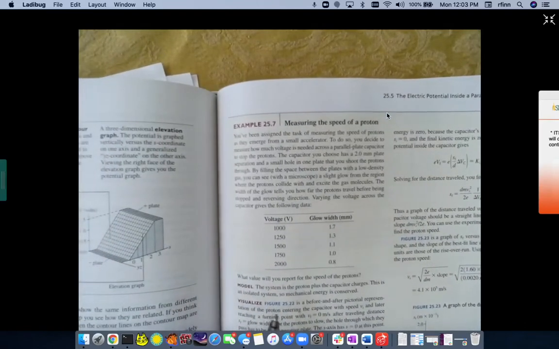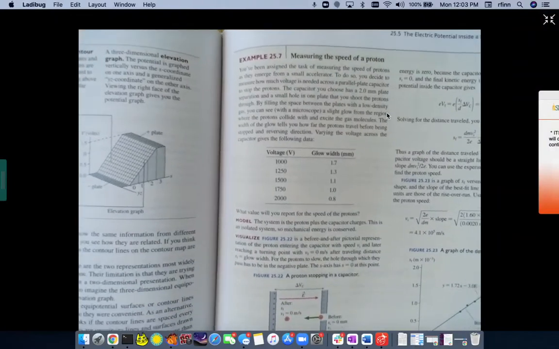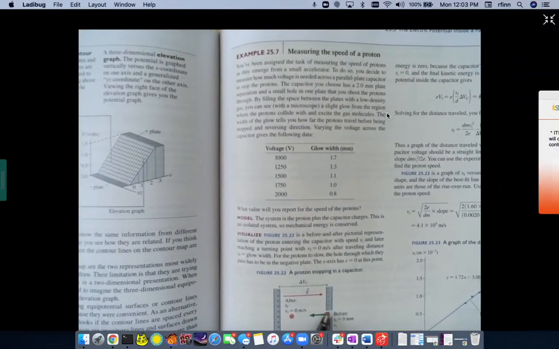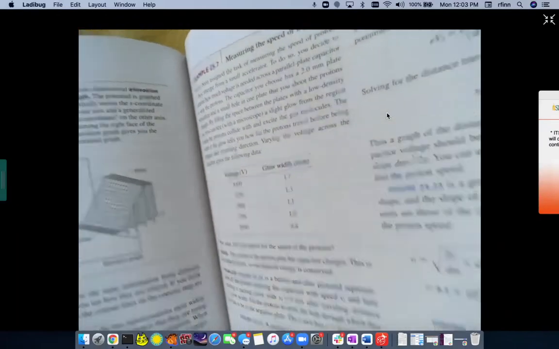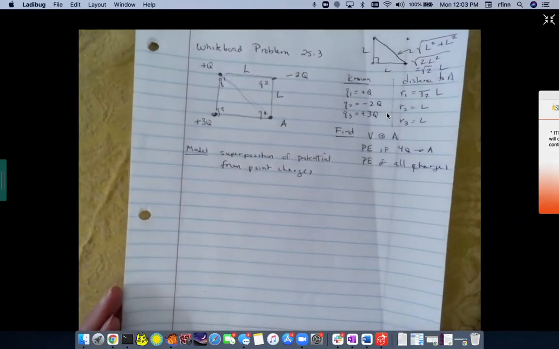Here's another one, almost exactly like the last proton whiteboard problem. Modeling the system as a proton and a capacitor, it's an isolated system, so mechanical energy is conserved. It's really good to take note of these, and it may help you start articulating what model you should be using for each whiteboard problem.